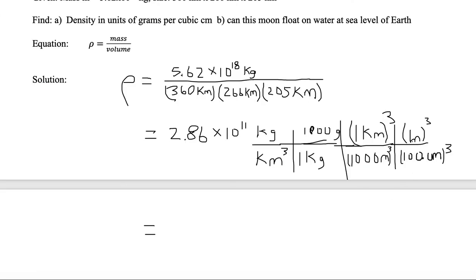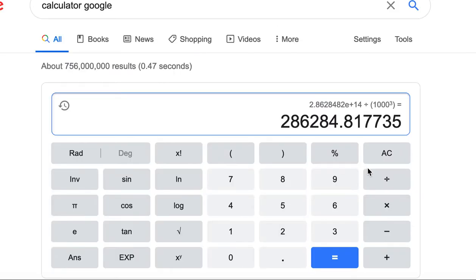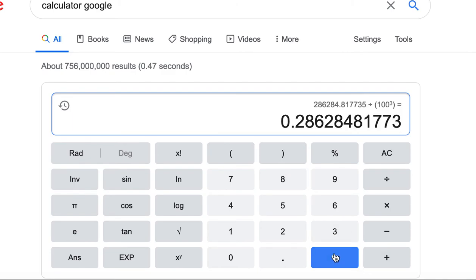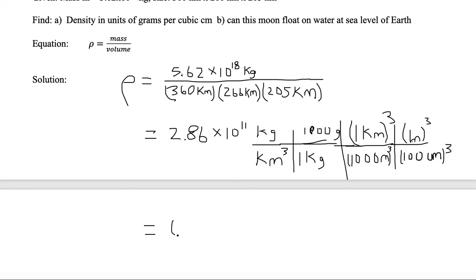And now we need to divide by 100 cubed. So we divide by, open parentheses, 100 x to the y cubed, close parentheses, equals. We have a value of 0.286. And our units are grams per centimeter cubed.